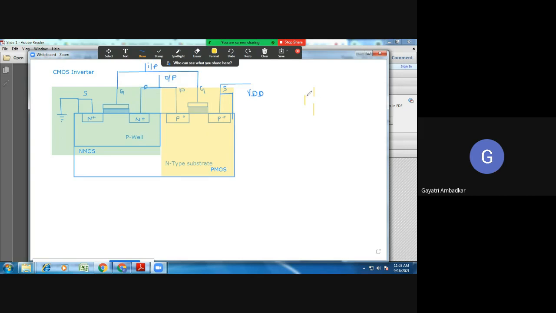I'm trying to show it by using a different color here. So this is your PMOS. I'll draw NMOS now.